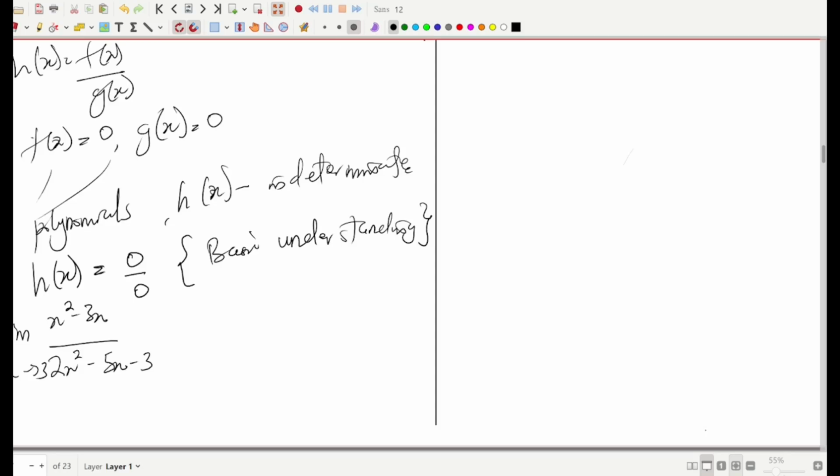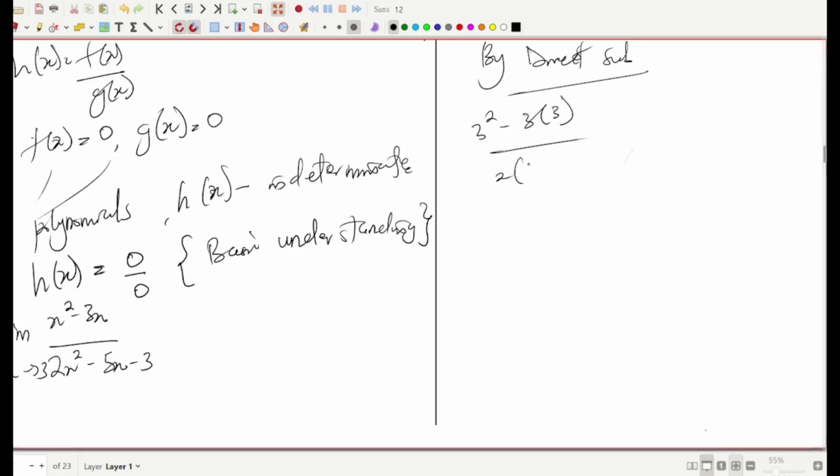Let us try direct substitution. We end up with 3 squared minus 3 times 3 divided by 2 multiplying 3 squared minus 5 times 3 minus 3.